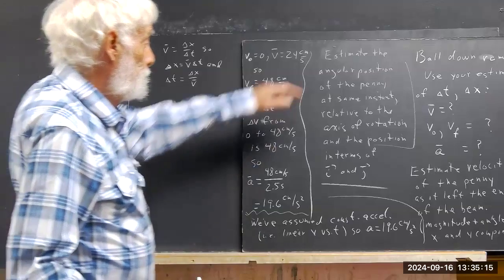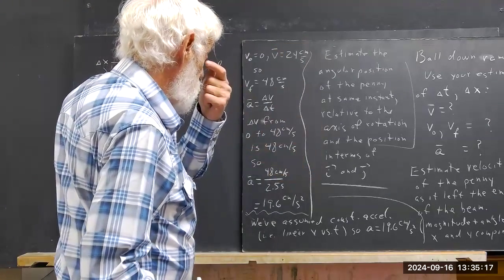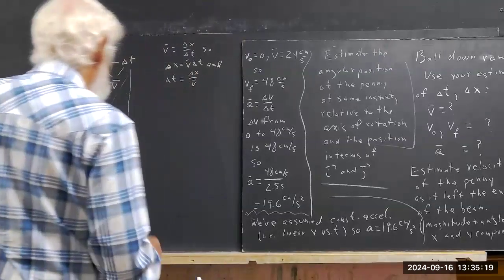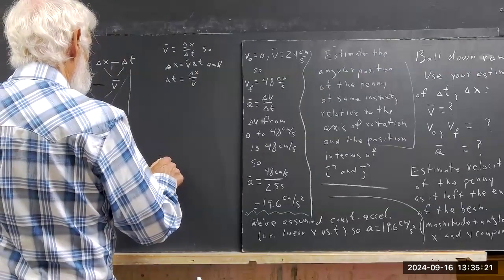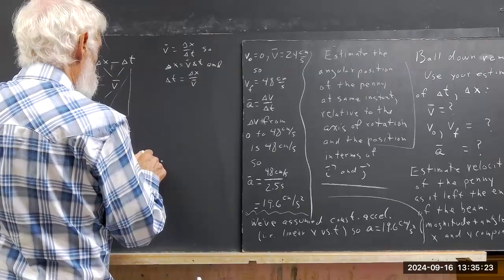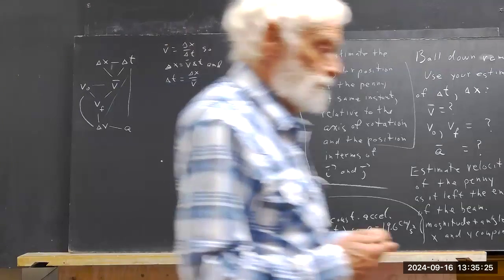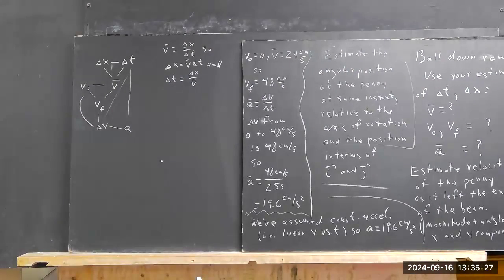So, angular position, the penny. Here's our picture. The bar was rotating, and you didn't see it, but I stopped the thing right about here. That looks like about 30 degrees below the x-axis. So I'm going to say it was at 330 degrees.